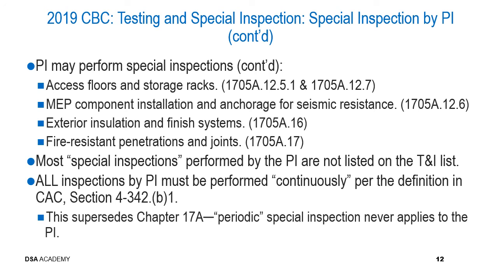All inspections by the project inspector must be performed continuously, and that's because of the way it's defined in the Admin Code section 4-342 B1. This supersedes Chapter 17A that allows periodic special inspection for special inspectors, but this never applies to the PI because the PI is required to continuously inspect all aspects of the project.